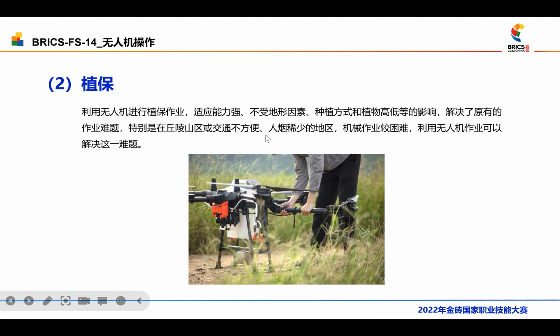And it has solved the original operation problems, especially in hilly and mountainous areas or places with inconvenient transportation and sparse populations, where mechanical operation is more difficult. Using UAV operation can solve those problems.